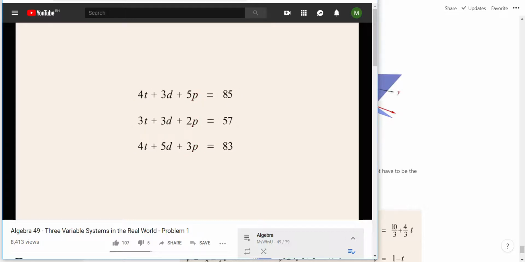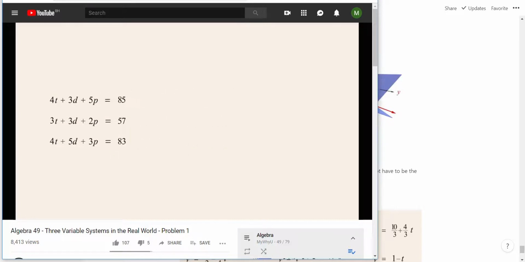Using the elimination method to solve this system, we start by picking a variable to eliminate, using any 2 equations which contain that variable. For example, we can choose to eliminate the variable d and use the first 2 equations. To eliminate d, we first multiply the second equation by -1, and then add the equations.